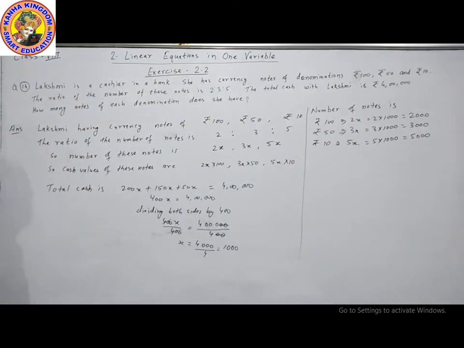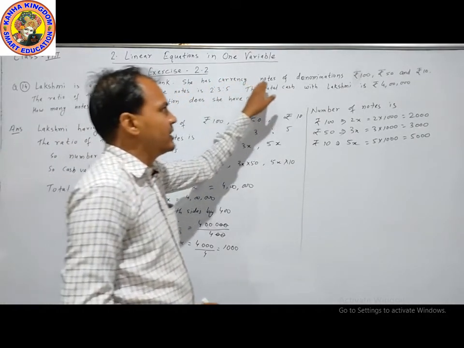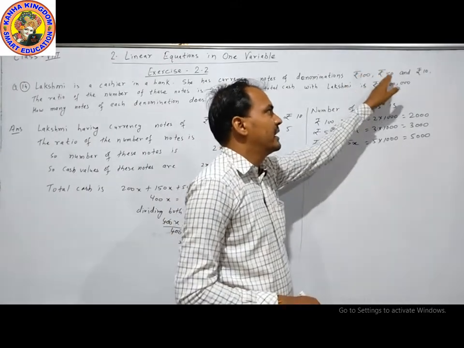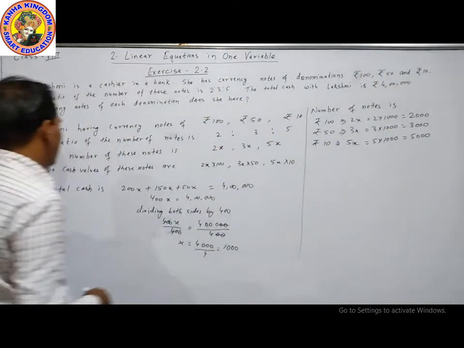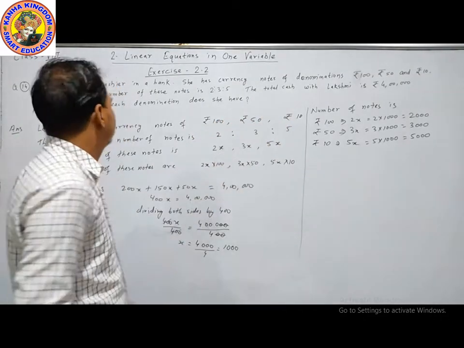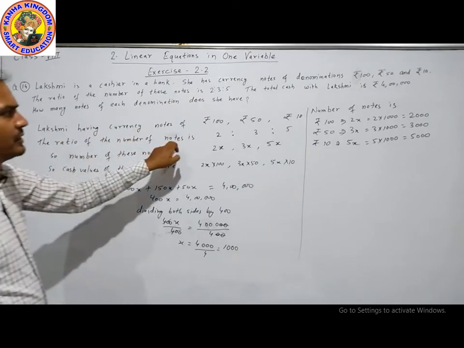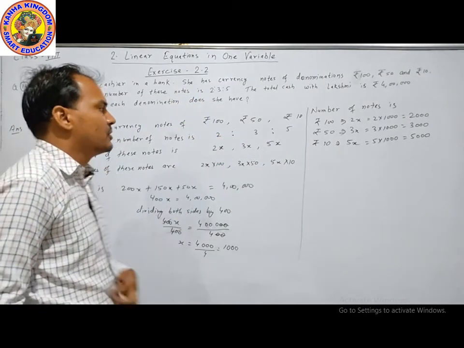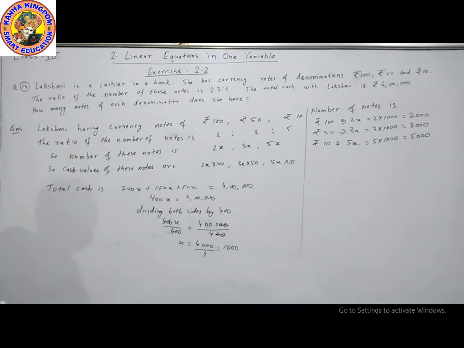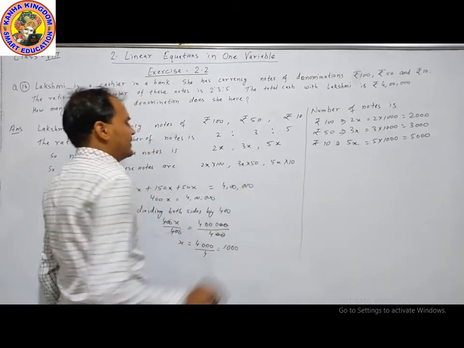So let us take it from the beginning of the question. Lakshmi is a cashier in a bank. She has currency notes of rupees 100, 50 and 10. The ratio of the number of these notes is 2:3:5. When we get a ratio question, we will multiply by x. So the number of these notes is 2x, 3x and 5x.